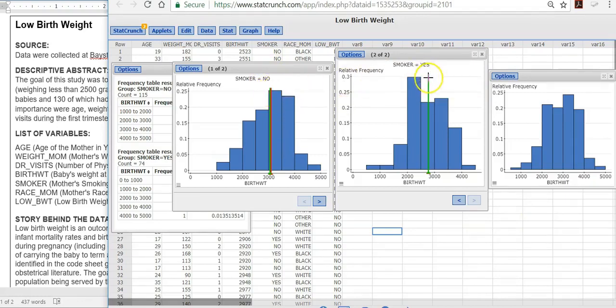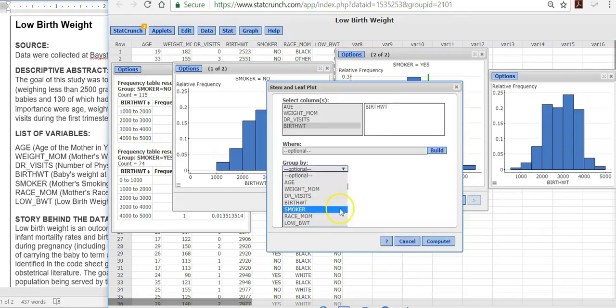So you might want to do something like this where the mean and the median are both shown on the histogram. You also want to specifically mention those in the written part of the report. So you would want to say specifically what the mean is for both groups and specifically what the median is for both groups. Now let's look at stem and leaf plots for these.